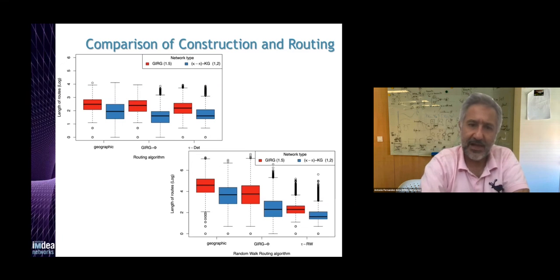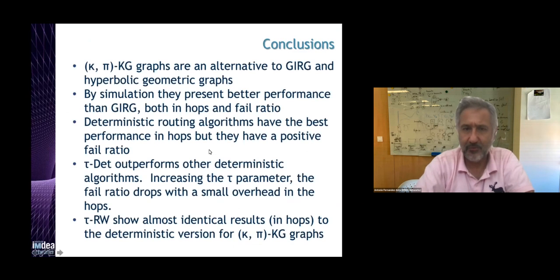Note that the scale on the left, on the y-axis, is logarithmic. And then if we go from deterministic, which is the one on top left, to probabilistic, what we see is that the difference, especially for the blue ones, with our topology, I mean, with our algorithm for routing, is not too bad.